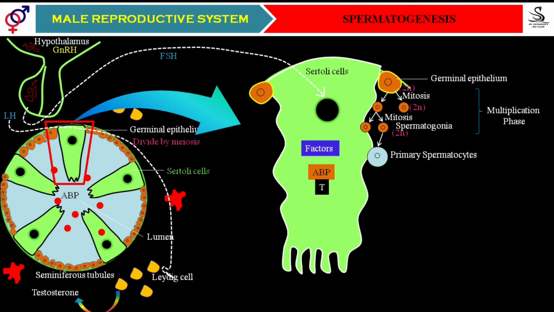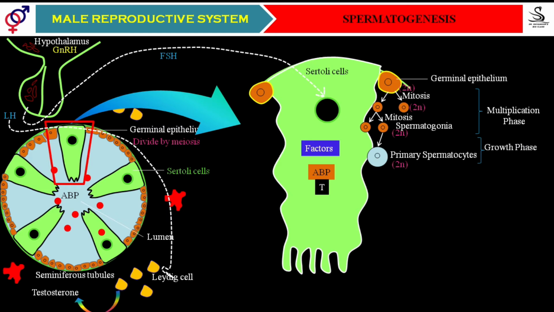Now, in these primary spermatocytes, only the cytoplasmic content has increased, but not the chromosomal number. Hence, the chromosomal number remains as it is. And this phase we call the growth phase.